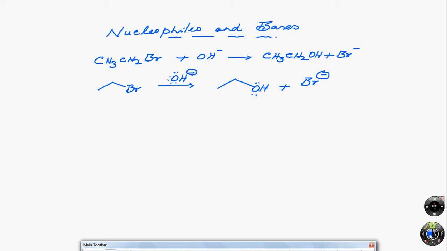Now if you look at the carbon here to which Br is attached, there are two hydrogen atoms because it is CH2Br.